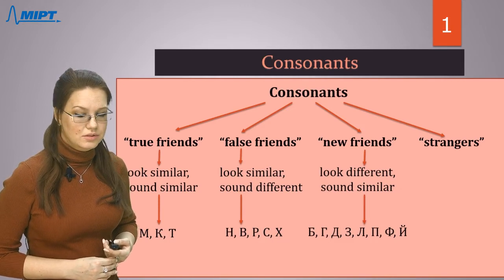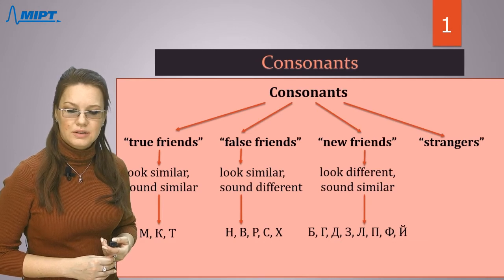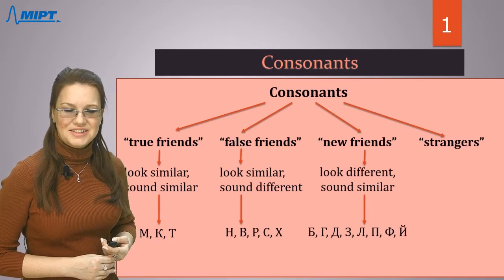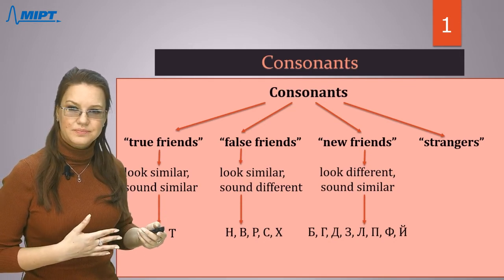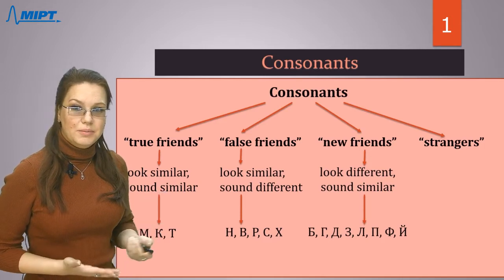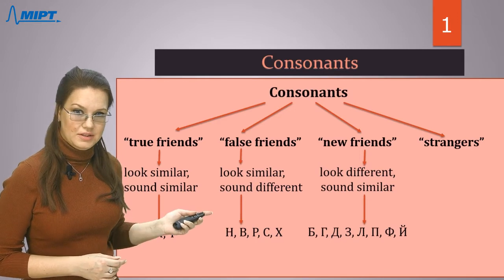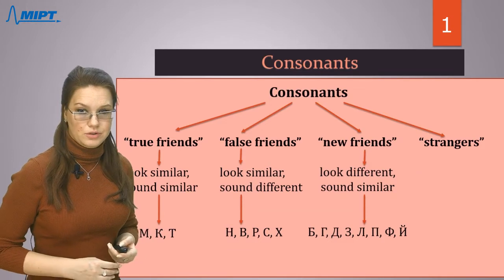And sounds are B, G, D, Z, L, P, F, Y, Y. So you see, most of these sounds we can see, we can read, we can hear in English words, but these letters look completely new for you, I suppose.